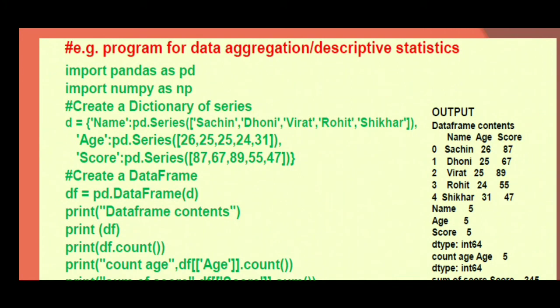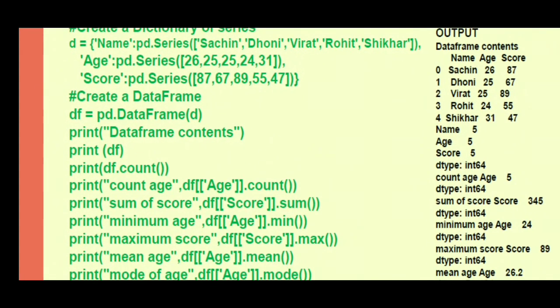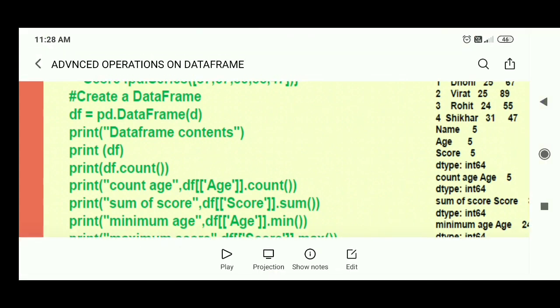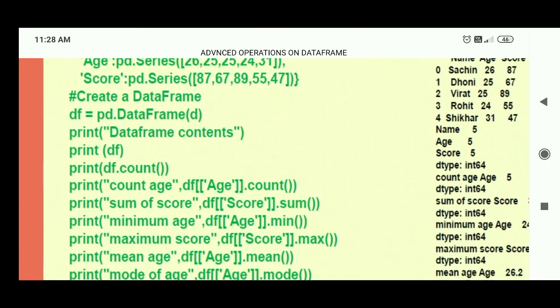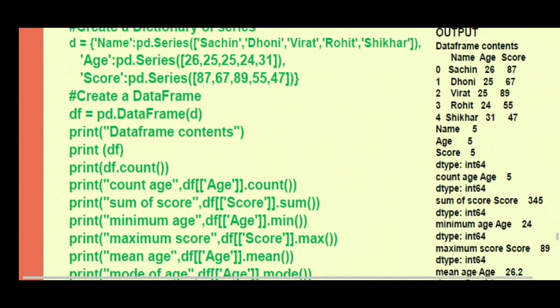So we have created a dictionary, then we have created a data frame, then we print the data frame as it is, and when you use print df.count, it will count the records present in the given data frame. Then you use df['age'].count, so it will count only age.